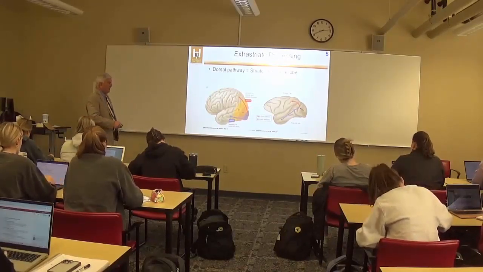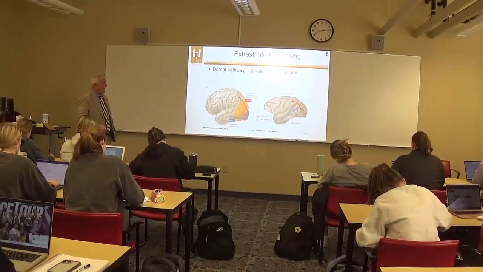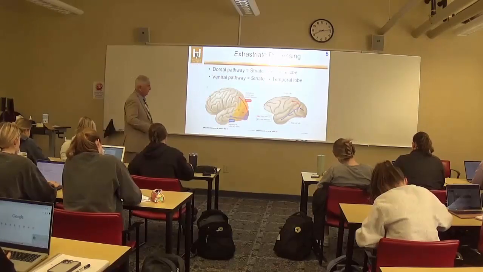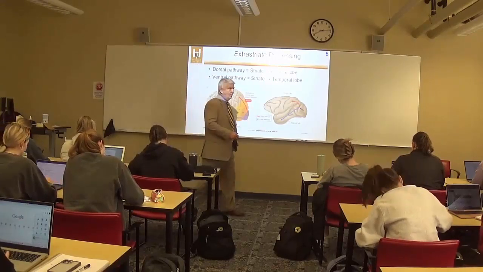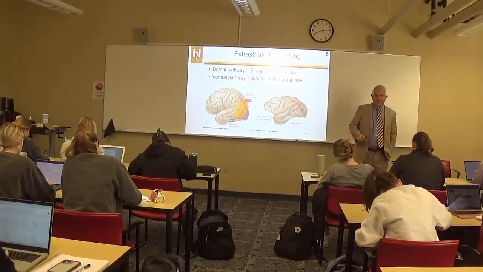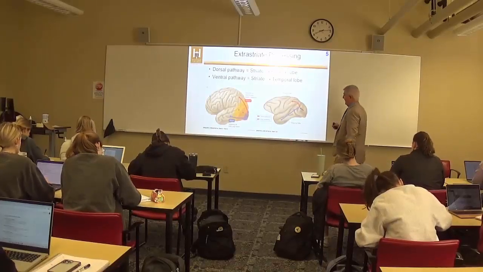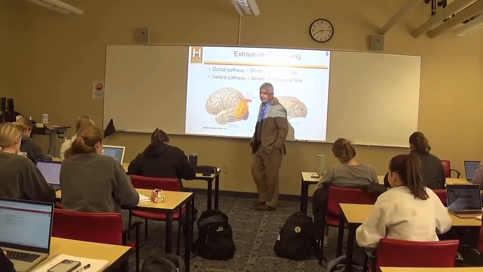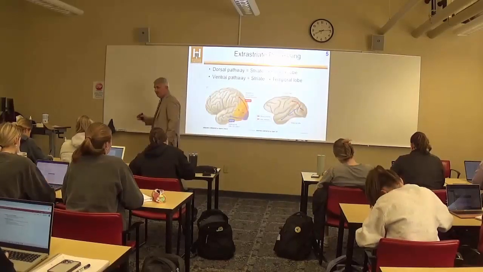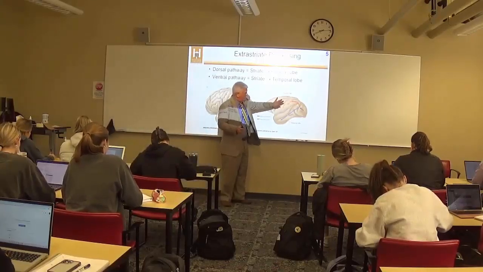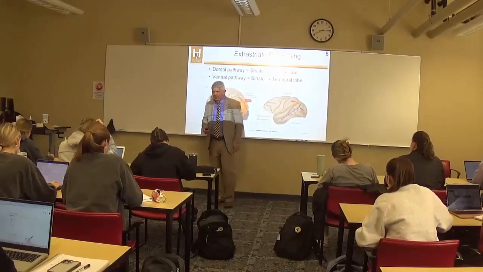It's like, how am I going to deal with this stimulus? And then we have a pathway into the temporal lobe, the ventral pathway, and that's our what? What is this thing? Our identification pathway. So I like to think about this as an action pathway and an identification pathway. It helps. A comes before I in the alphabet, and so A is the top pathway, I is the bottom pathway.